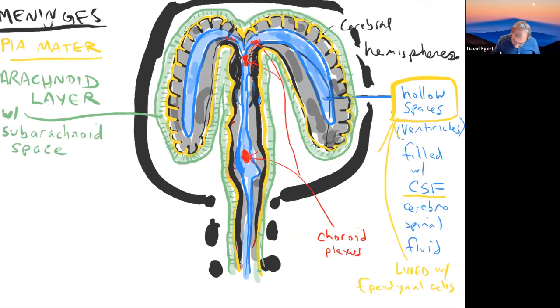There are going to be these little connectors, the lateral apertures of Luschka and the median aperture of Magendie, that connect the ventricle to the subarachnoid space. So now that cerebrospinal fluid that's inside can get outside and get into the subarachnoid space.